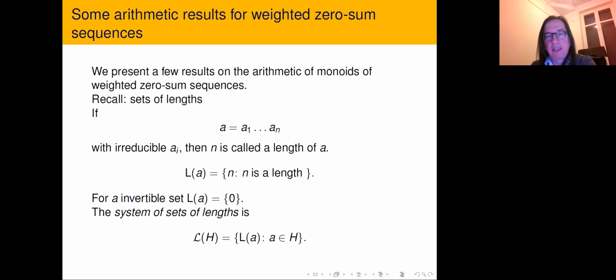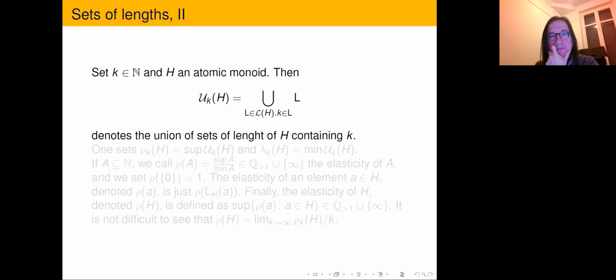I've already shown this. This is just a recall that we study the number of factors in the factorizations of elements, and one wants to understand those. One way to start to understand them is to consider the unions of all lengths that contain a particular element. This was a notion introduced by Chapman and Smith, almost 30 years ago by now.